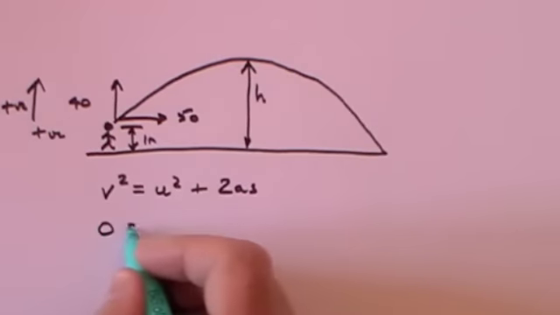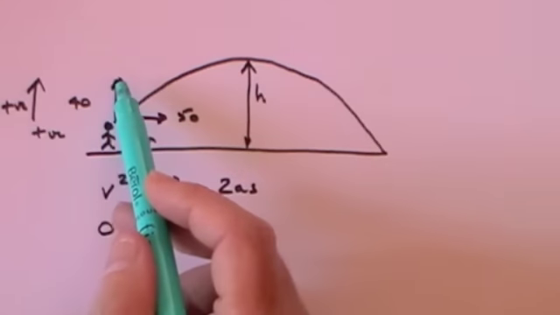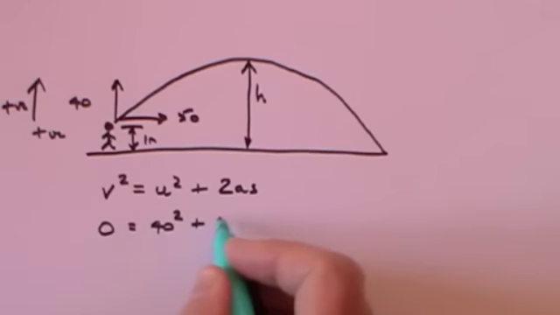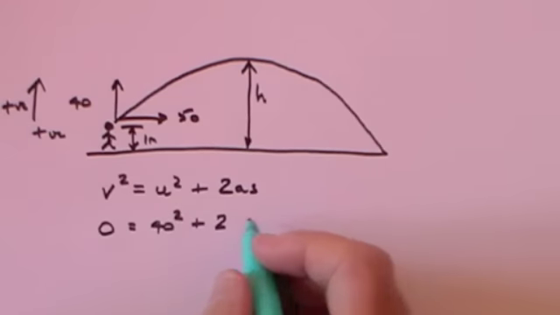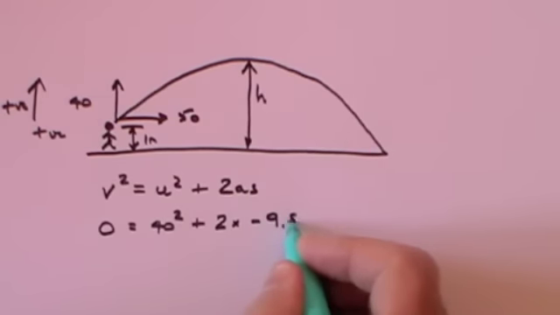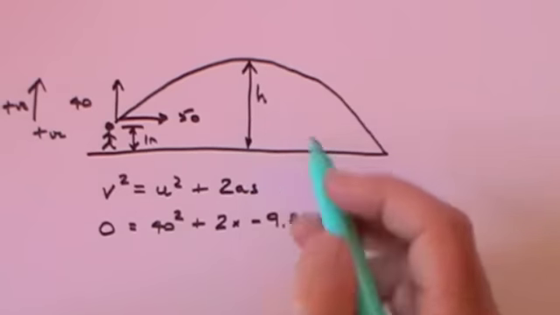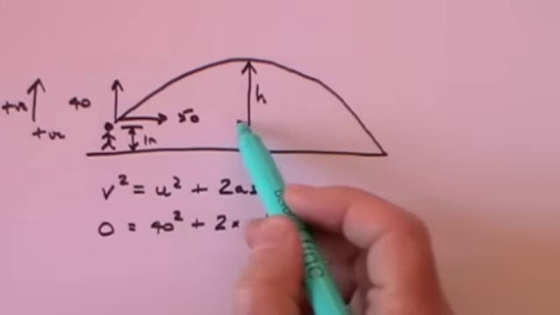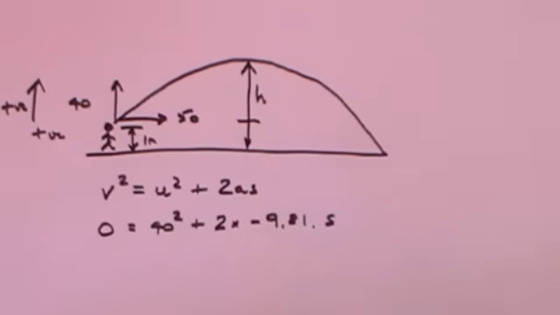So when it gets to the top of the curve, its vertical velocity is 0. So v is 0. U is its initial vertical velocity, which is 40, so it's 40 squared, plus 2 times gravity, which of course will be minus 9.81, times the distance, which is s. S is not h. H is s plus the 1 meter. We must remember that, don't get caught out.